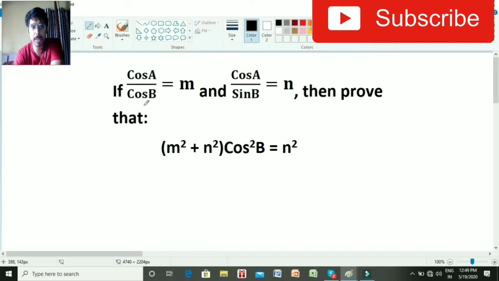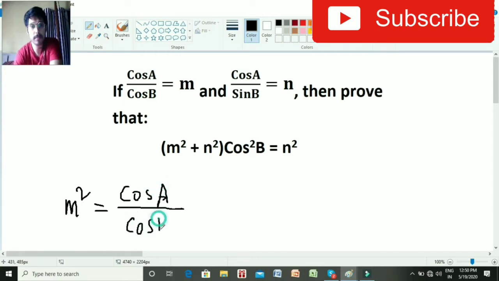So we have cos A by cos B is equal to M. So we can write M square. Okay, let me just increase the font a bit. So M square will be equal to, if M is cos A by cos B, M square will be equal to cos A by cos B whole square.